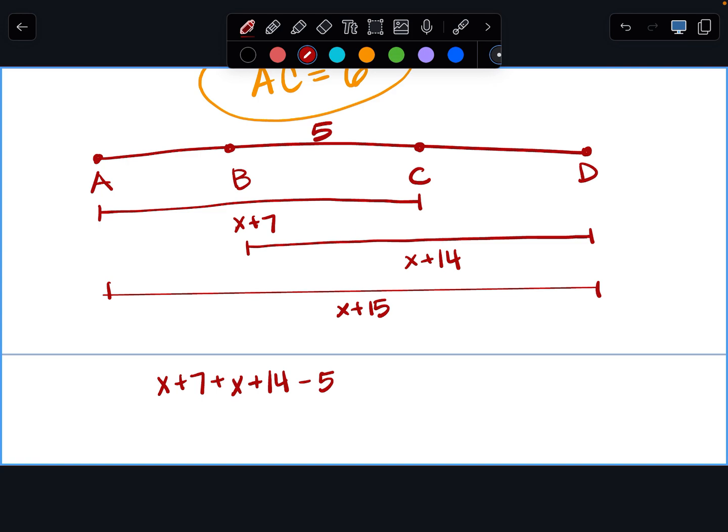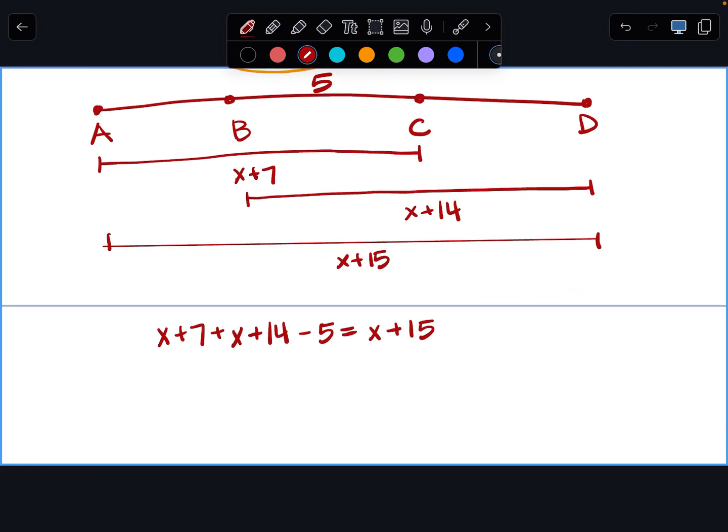Because you have 5 in there twice. Equals the full length, which is x plus 15. So then you just have 2x minus 16 equals x plus 15.